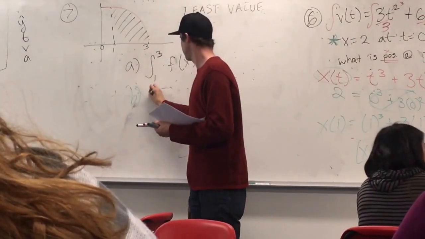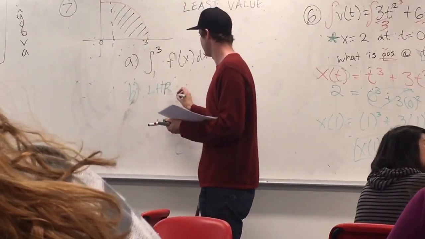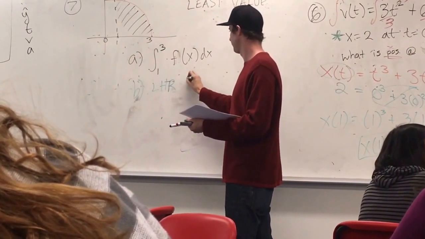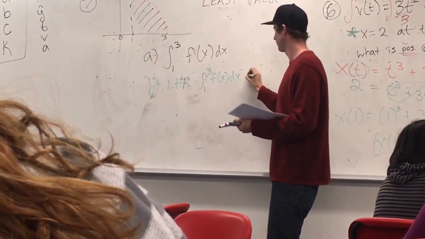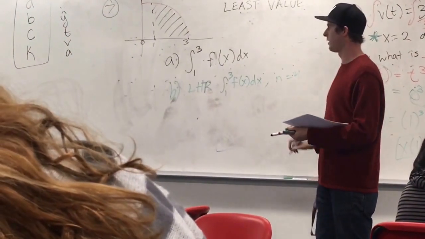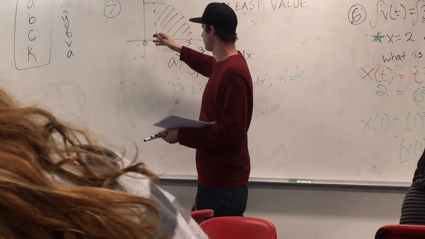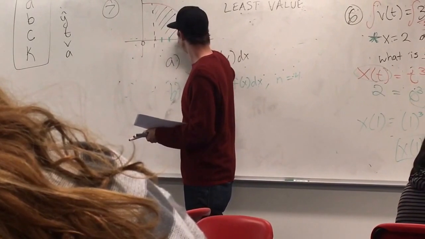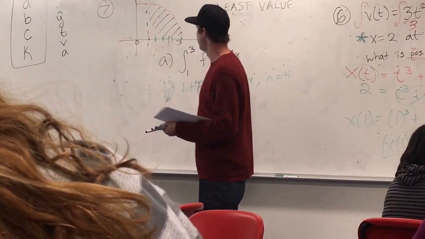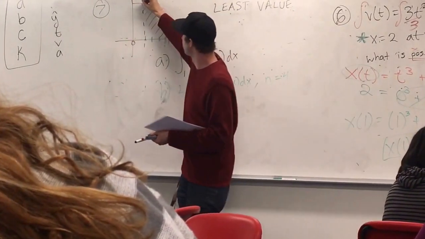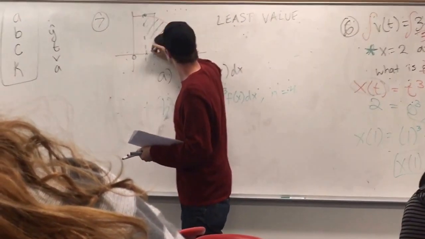So B is a left-hand Riemann sum from 1 to 3 with 4 intervals, so n equals 4. That means I have to split this up into 4 sections, like 1, 2, 3, 4. And I go from the left side.